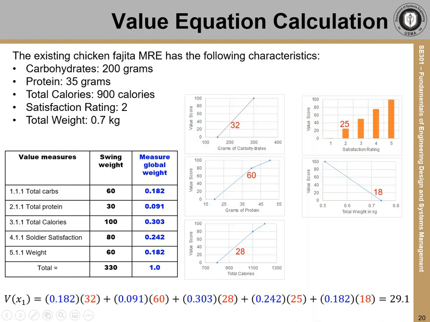In the second term, you have the weight and score for total protein. Total calories is here, soldier satisfaction is here, and weight is here. This leads us to a total value for the chicken fajita MRE of 29.1.